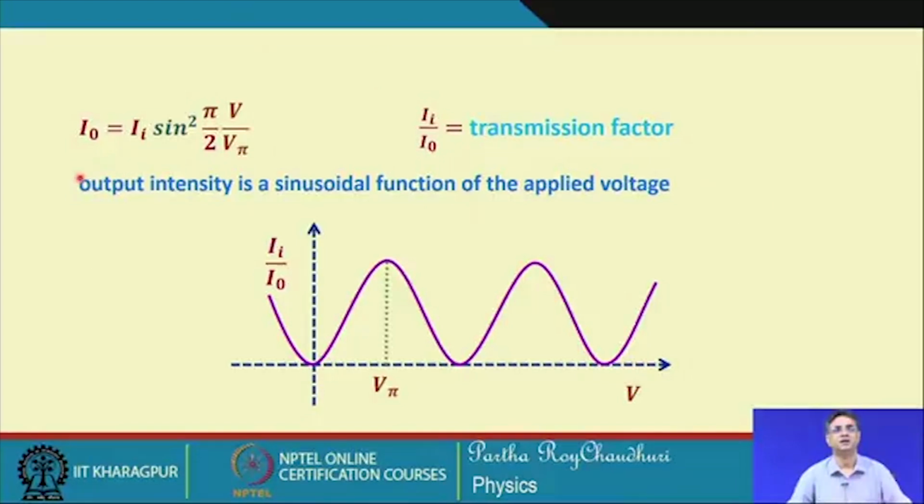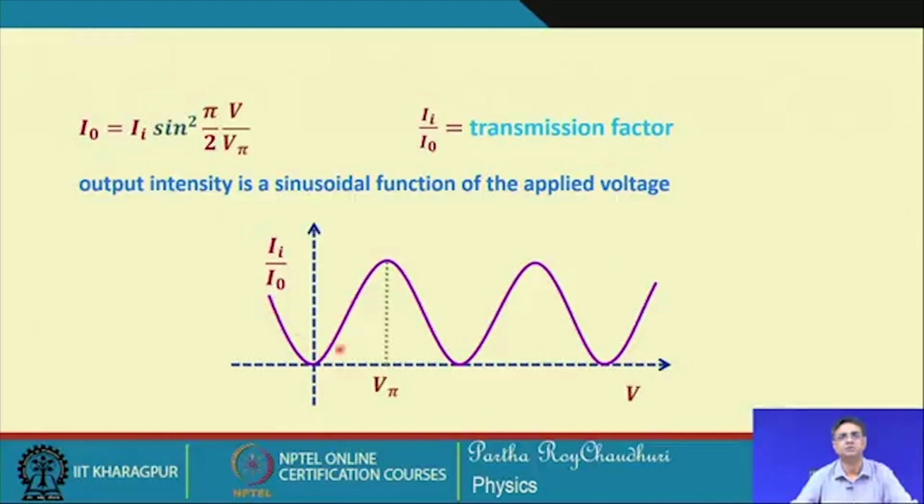So, this output intensity is a sinusoidal function of the applied voltage. So, I0 by I will be like this because it is a sin square function. I think this should be I0, this should be I0 by I. So, it is the other way, it has been flipped. So, this will be I output by I input.